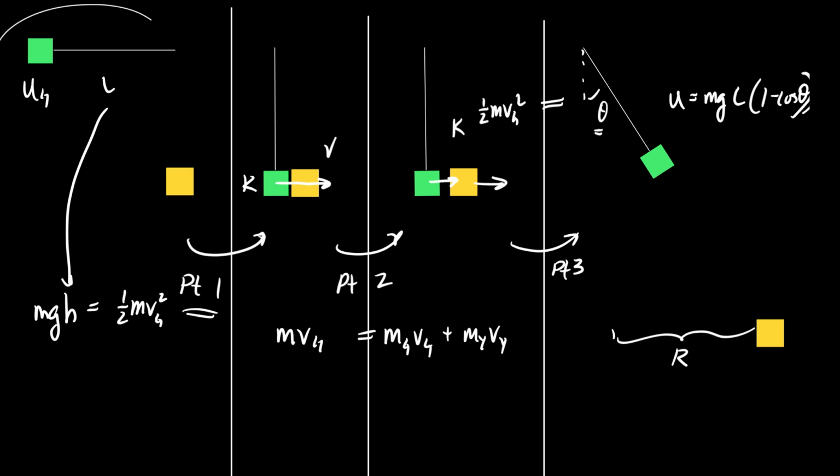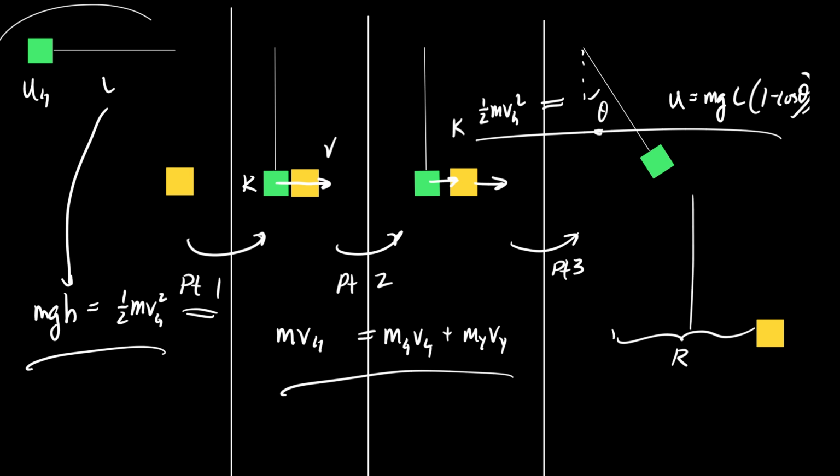So what I've done here is I've traced a problem out for the green block. And yeah, there's also a problem here for the yellow block that probably is going to involve me looking at the vertical and horizontal stuff, saying that delta y is going to be whatever the height of the table is, and vy naught is going to be 0, and the acceleration is going to be g, and I'm going to have to figure out how long it takes the block to reach the ground.